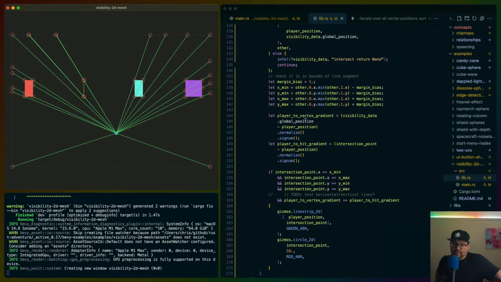Current hit to next hit probably prioritizes the hit that is on the same line.